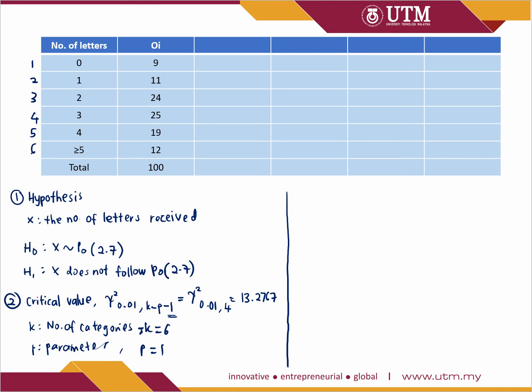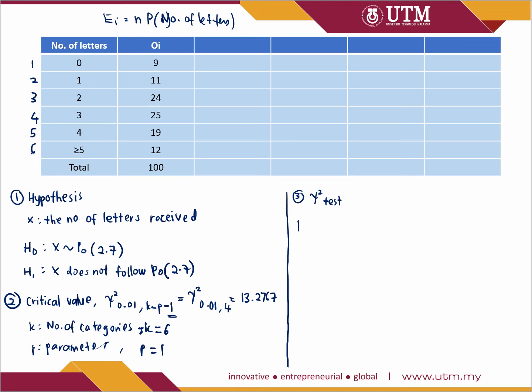Next we want to find the chi-square test statistic, so we need to know the expected value. The expected value is the total observation times the probability for each category, n times p_i. Before we find the expected frequency, we need to determine the probability for each category.